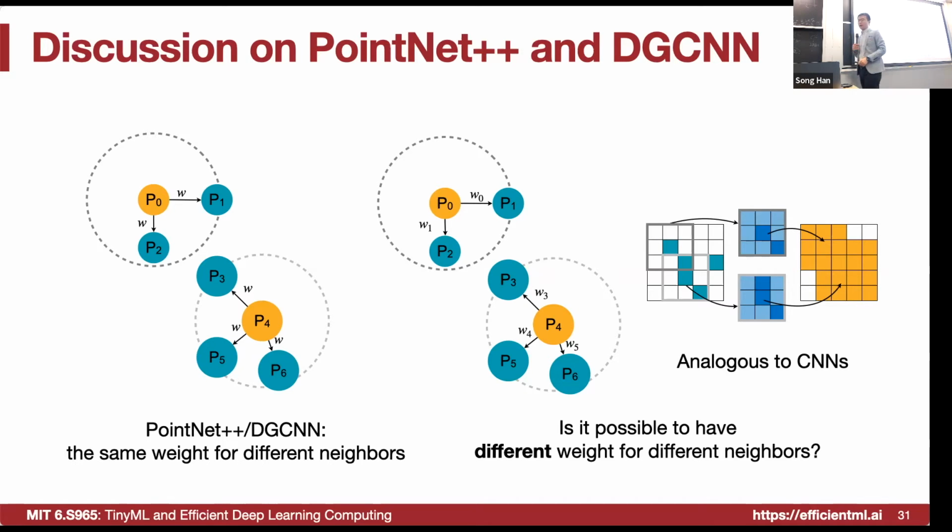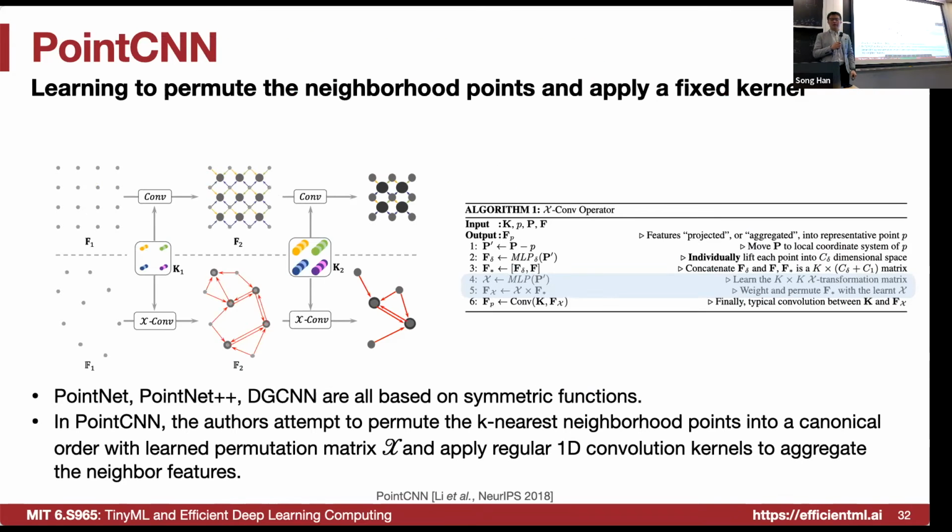They should be convolved with different weights. So that debuts PointCNN, which is learning to permute the neighborhood points and apply a fixed kernel. Here we have this MLP basically learning this K by K transformation matrix, which is applying a different kernel on different locations.